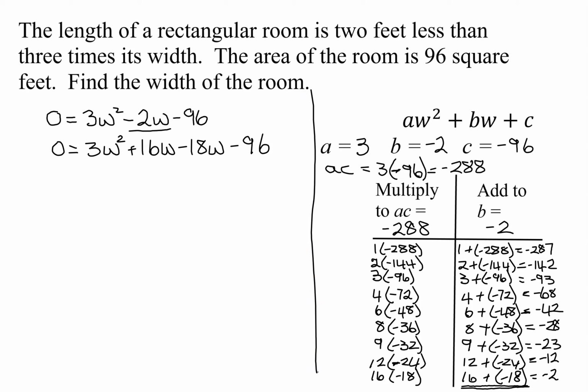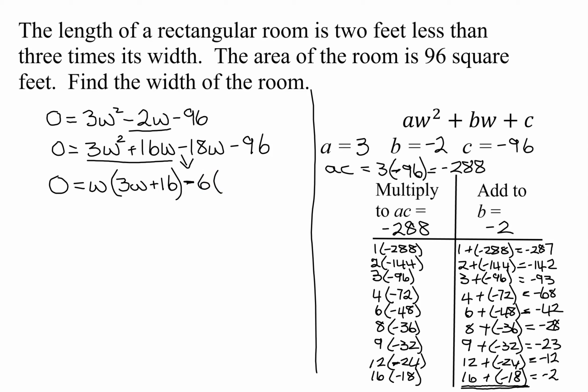So now I have 4 terms, I'm going to factor by grouping. What do the first 2 have in common? I think the only thing is a w. So it's going to leave me with 3w plus 16. Bring down the middle sign, a negative. And what do the last 2 have in common? I think it is a 6.